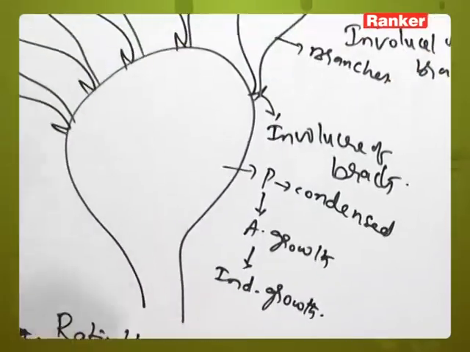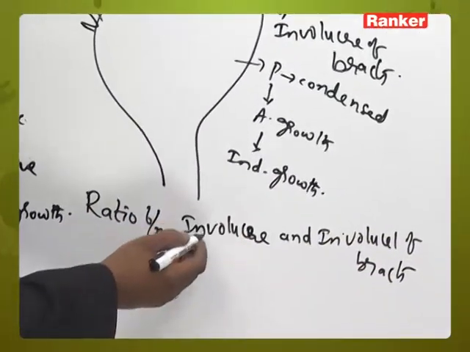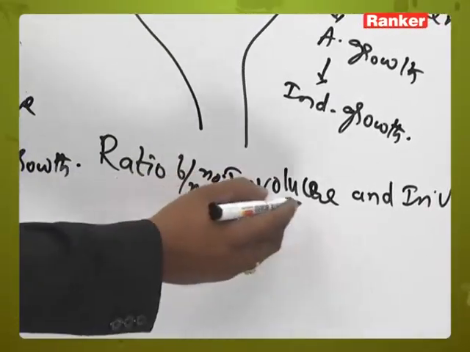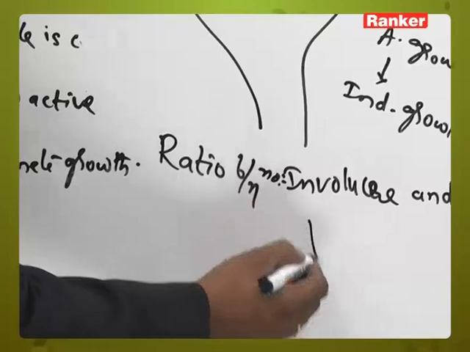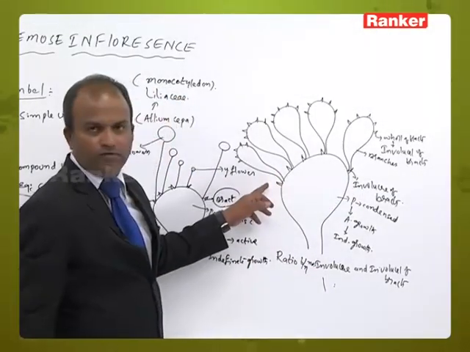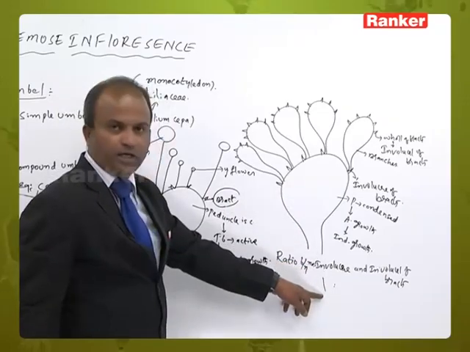The ratio between the number of involucres: there is only 1 involucre of bracts. So here I have written 1.